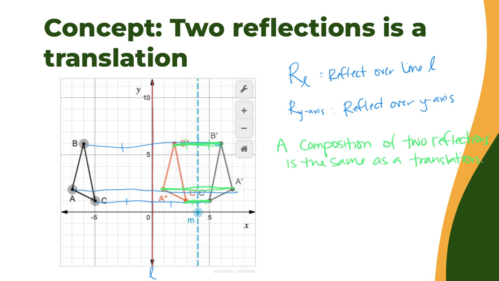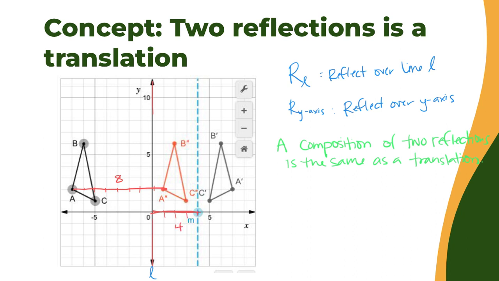The interesting thing that happens here, I'm going to erase some of my lines so you can see better. Notice, let's count how far it is from A to A prime. It's 1, 2, 3, 4, 5, 6, 7, 8. So that distance from A to A prime is 8. How far is it between the two lines that we reflected it over? 1, 2, 3, 4.